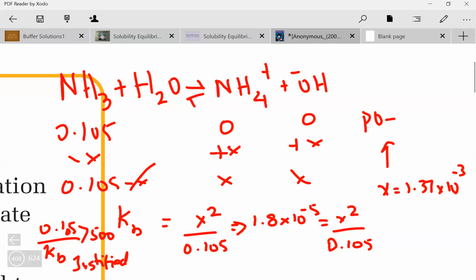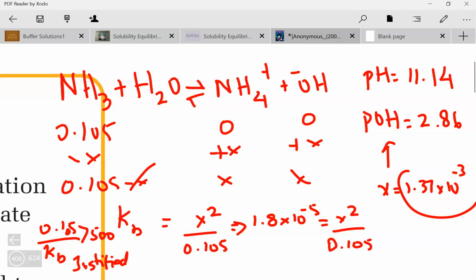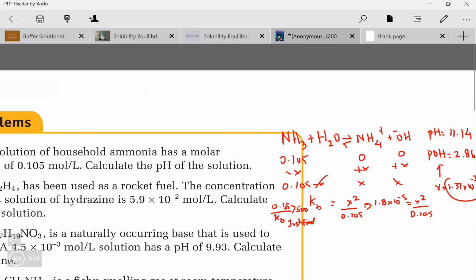Then I do negative log of that to get my pOH, which is 2.86. I still have to find my pH, so I do 14 minus that answer. pH is 11.14 for ammonia, and that makes sense.